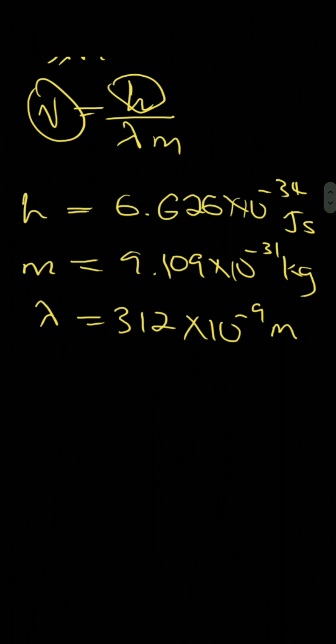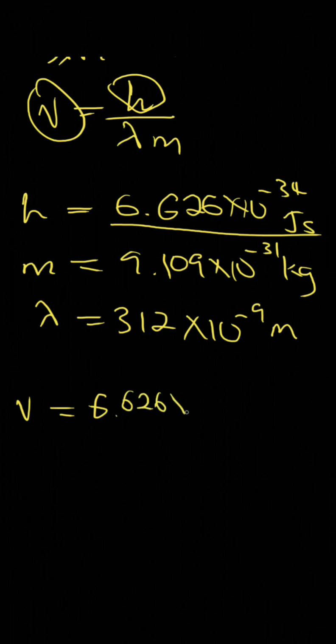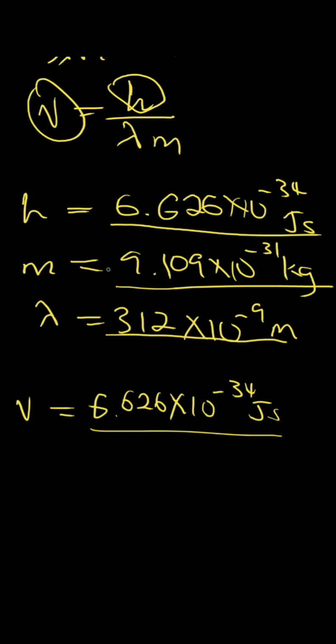Now since we have all the values needed to solve our question, let us start solving for velocity. We put the value for Planck's constant where there's h, 6.626 times 10 to the power negative 34. Then we divide by the product of the mass and the wavelength, which gives 2.84 times 10 to the power negative 37.